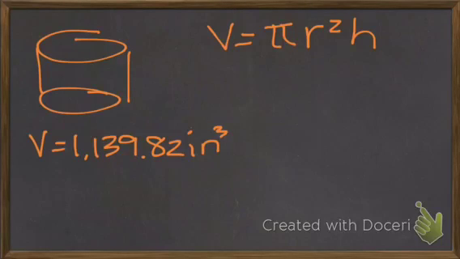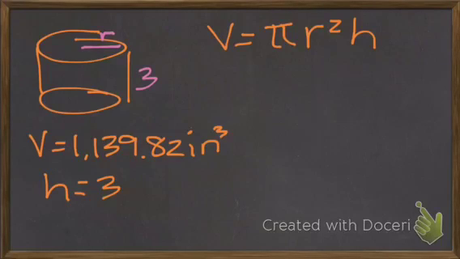And I'm going to tell you that the height is 3. So I know this here is 3. What I didn't tell you is what the radius equaled. And so you are going to have to figure that out. So we're going to use the information that we have to just figure out what the radius is.